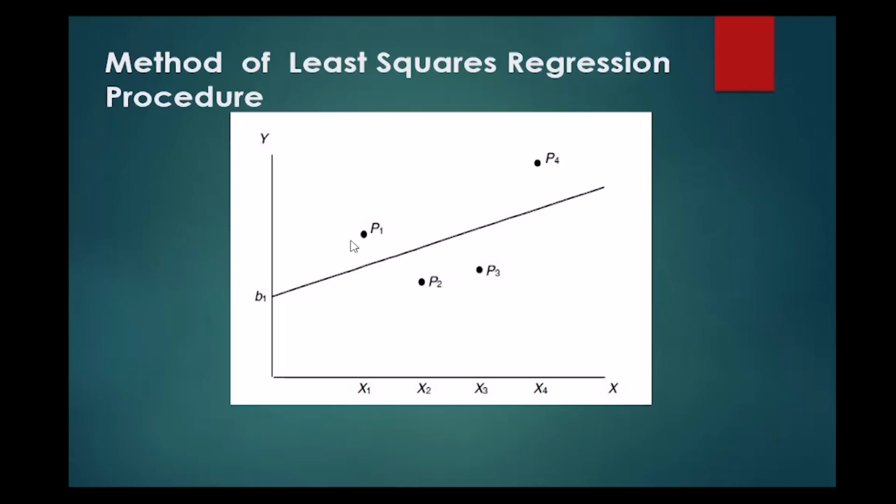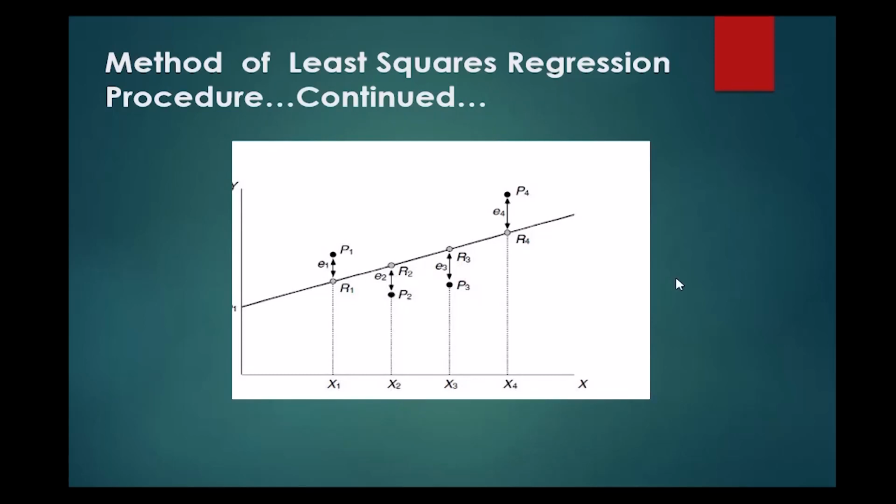So whenever we are working on this, we should reduce this distance from the fitted line, and thereby we should take care of the errors. This error is basically the difference between the actual value and the fitted line that we are observing. This is very important in this case. How can we take care of this error? To take care of this error, we apply the method of least squares regression procedure.